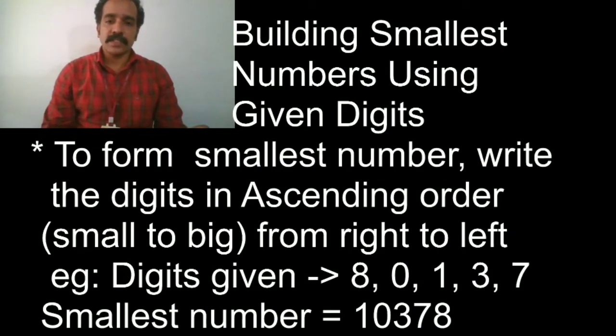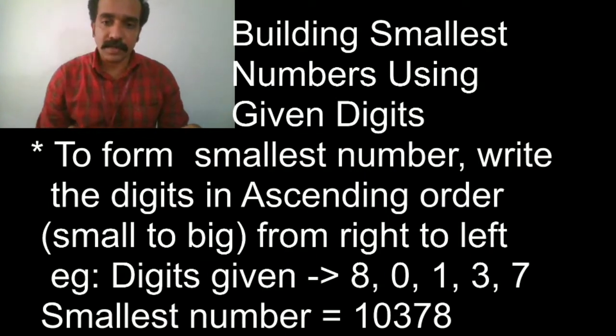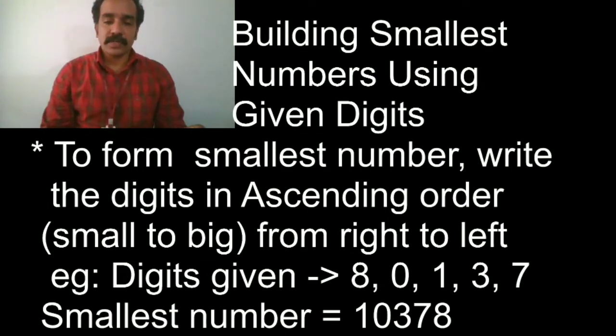Example here, the digits given are 8, 0, 1, 3 and 7. Using these 5 digits, if you are making the smallest number, we should write 1 first, then 0. Actually 0 is the smallest digit among these, but when you are forming a number, you cannot write 0 in the first place.